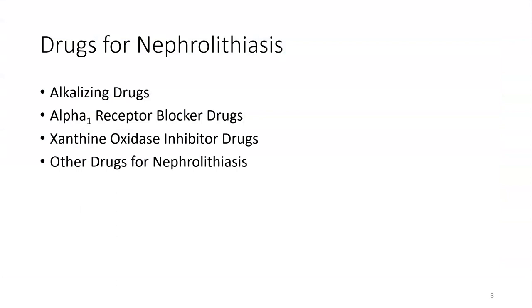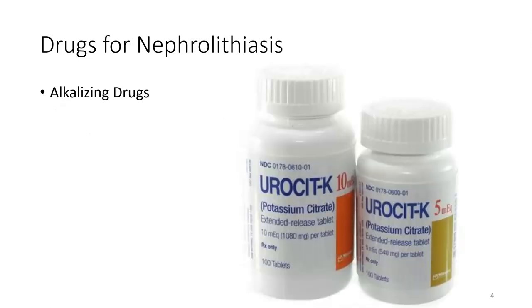Drugs used for nephrolithiasis. Again, nephrolithiasis is the medical term for kidney stone. The main drugs used include alkalizing drugs, alpha receptor blockers, xanthine oxidase inhibitors, and then other drugs. So alkalizing drugs create a more alkaline urine.